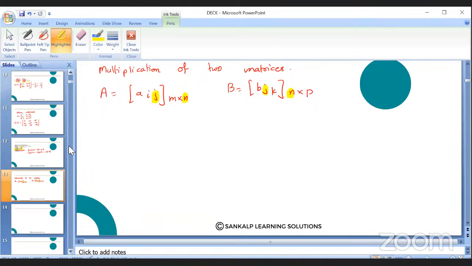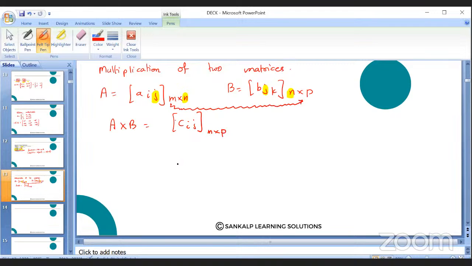Here, n rows. Like that it should be when you multiply two matrices. So when you multiply A and B, you will have Cij elements and the order will be m by p. This will be the order of the matrix.